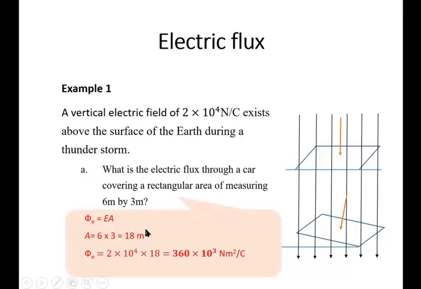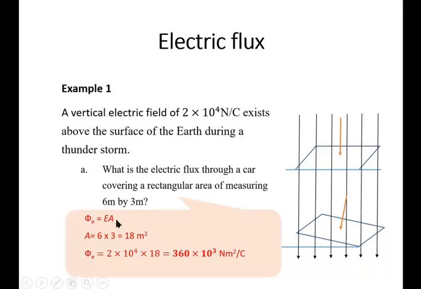For the first one, we are talking about the surface area being perpendicular to the direction of the field. In other words, if we draw a vector that is perpendicular to the surface, then that vector will have an angle of 0 with the direction of the field. So this vector is parallel to the direction of the field.